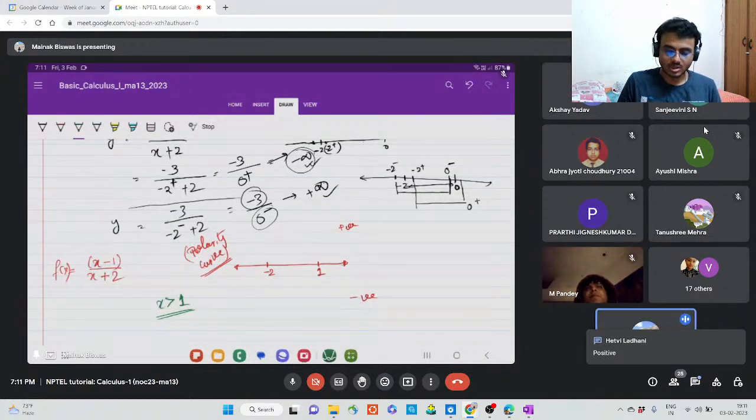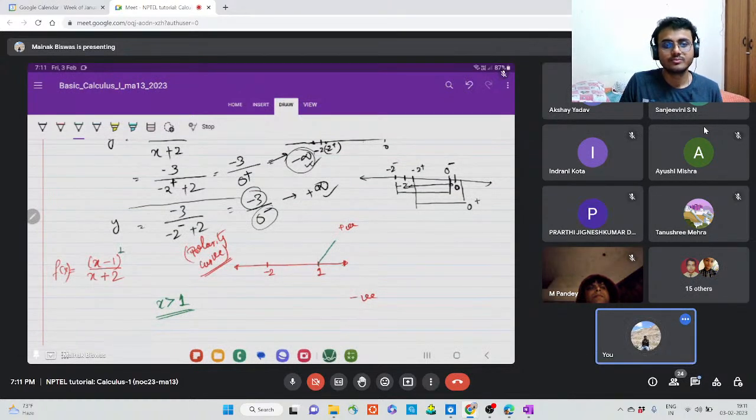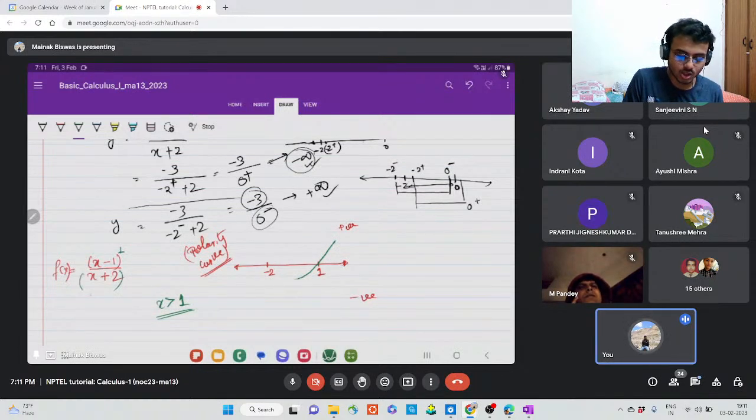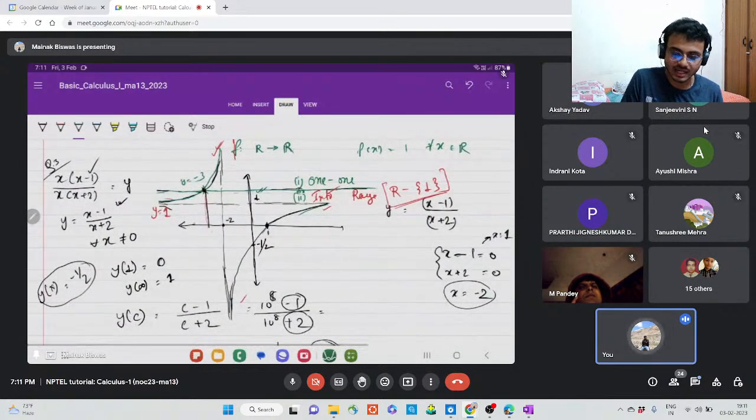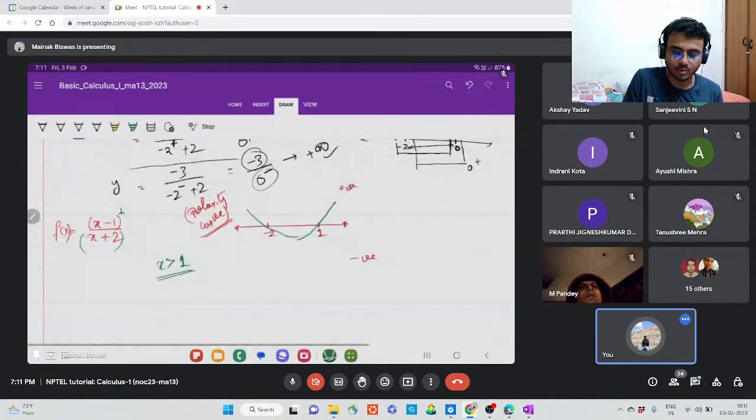Yes, so it's positive. What is the power of this? It's the odd power, right? So the trick is, whenever you have an odd power, you change sign. Here at minus 2 also you will change sign. So between 1 and minus 2, the function really had negative values, right? And outside these two it always has positive values, right?